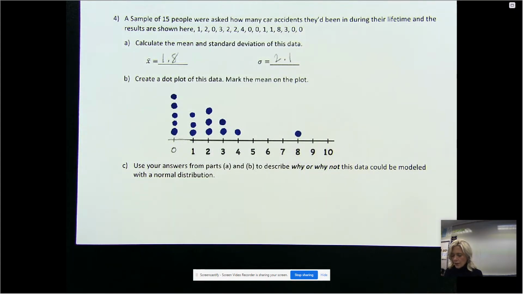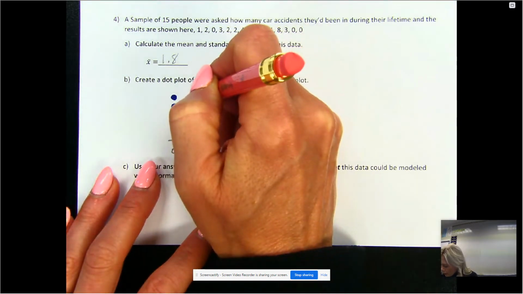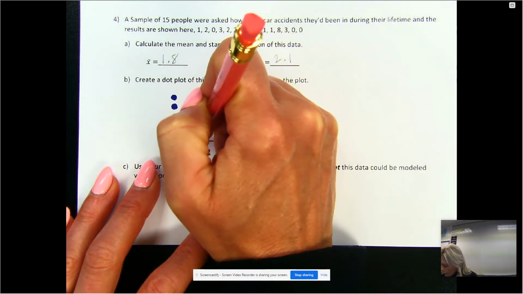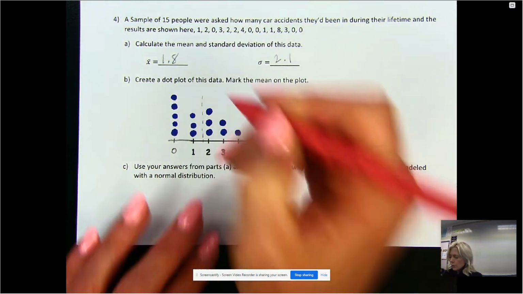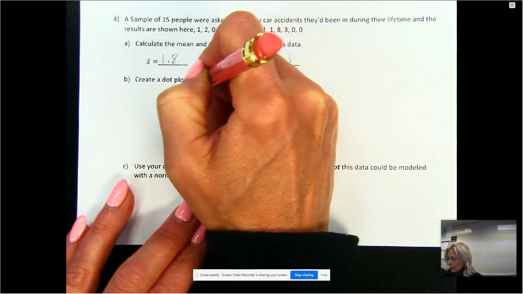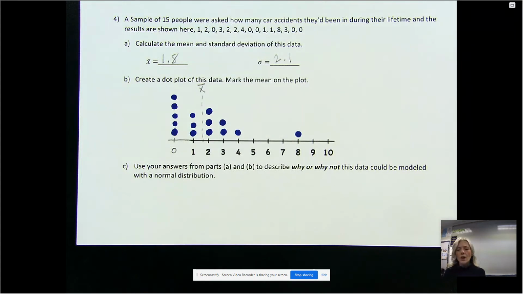Okay, so another characteristic of normally distributed data is that the mean and the median, so the number in the middle of the data, and the peak, they're all the same value. So 1.8 is here. And if our mean is right here, you can tell it's not symmetric.